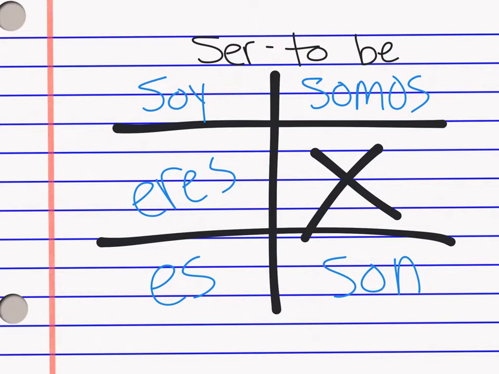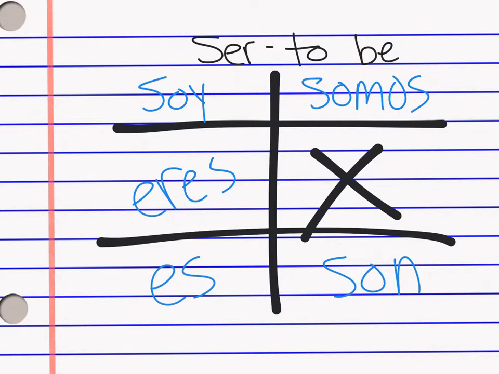So the whole thing is this. We know the fact that this is soy, that it's in the yo spot, which will show us that it is yo soy, which is I am. Or since the eres is in the tú spot, it's tú eres, which means you are. Same thing here, es.